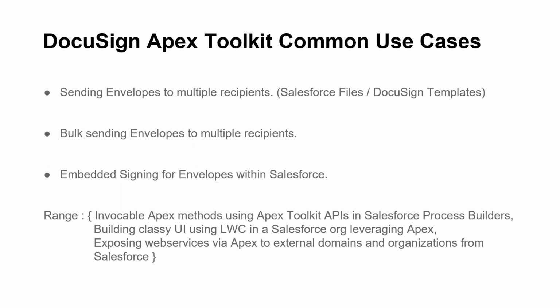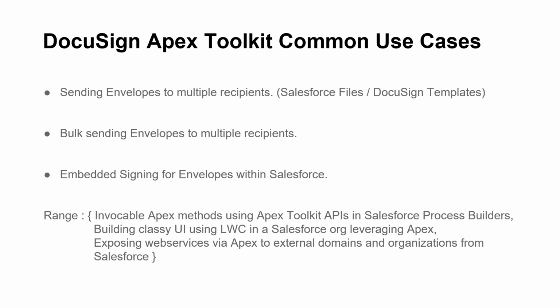So basically, starting from invocable Apex methods, using Apex Toolkit APIs, you can automate your process builders. If you go one step higher, you can build classy UI using Lightning Web Components and use our underlying Apex Toolkit methods in your controller methods. And one step higher would be exposing web services via Apex to external domains and organizations from Salesforce, which are then integrated with your DocuSign processes and your Salesforce processes.